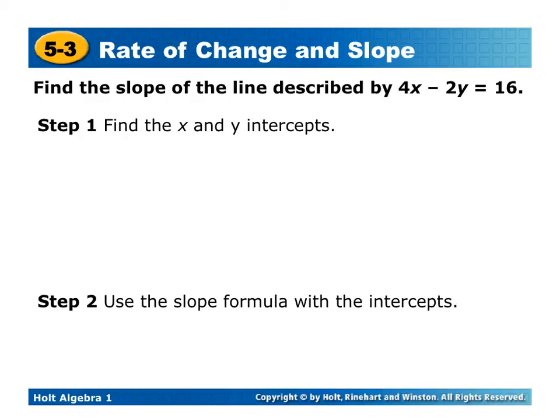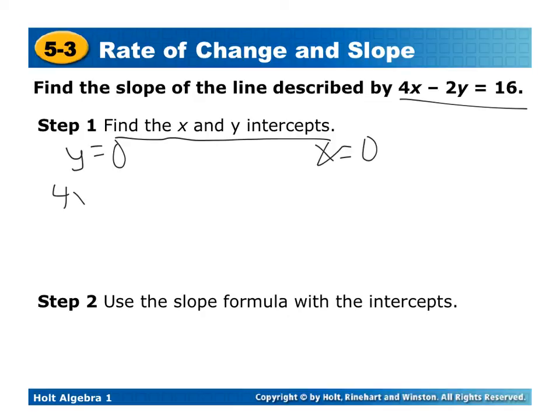One last way, because sometimes we're given equations in standard form and we're not given a table or a graph, and they want us to find the slope. The first thing we can do is find the x- and y-intercepts. If you remember, that means at one point I'm going to put 0 in for y for my x-intercept, and 0 in for x for the other. So this one would be 4x minus 2 times 0 equals 16. 4x equals 16.